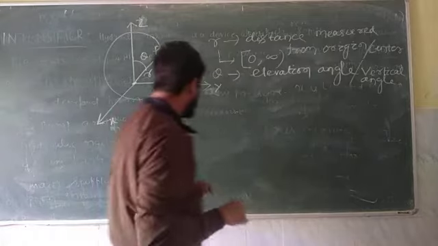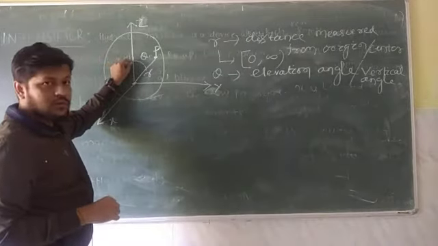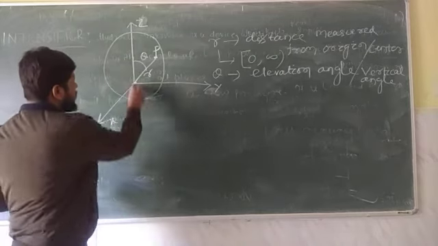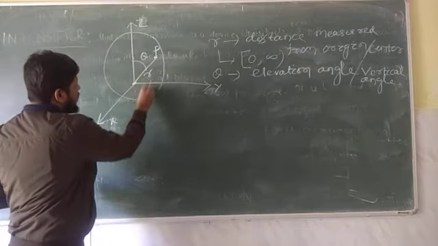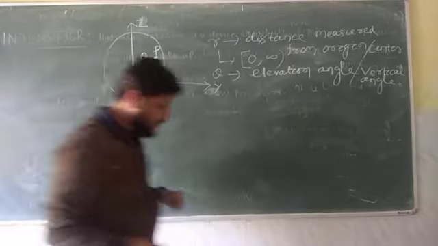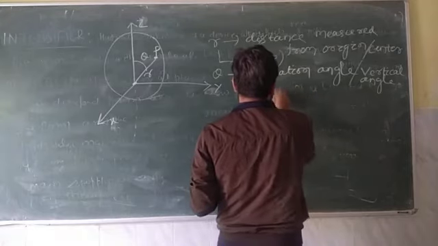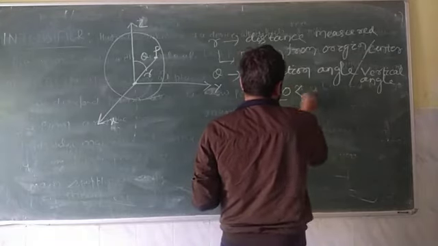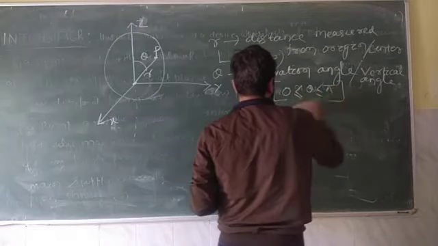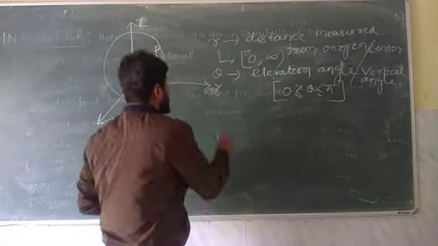So you can imagine, vertical angle means the maximum angle with which it will travel, that is from 0 to pi. Up to this point, it can create an angle of 0 to pi. That's why we can measure the vertical angle. So the range of theta is 0 to pi. This is also known as the elevation angle or vertical angle.